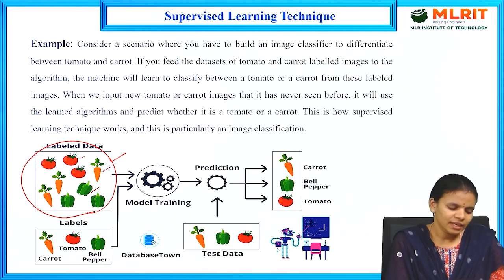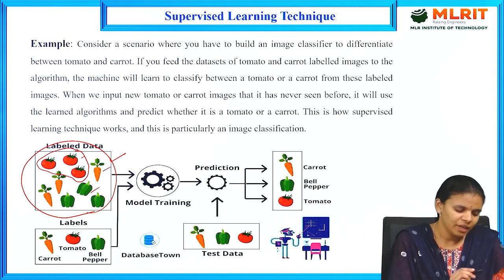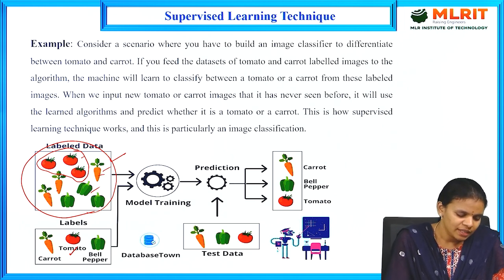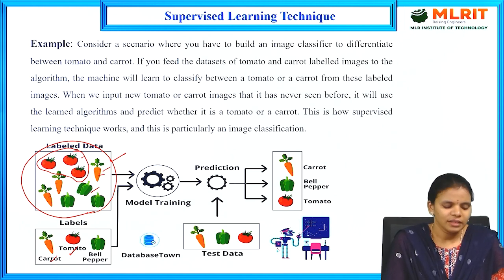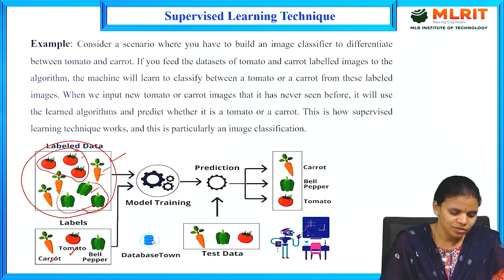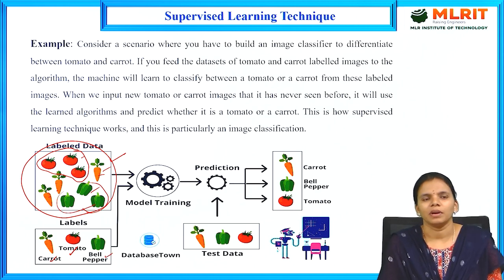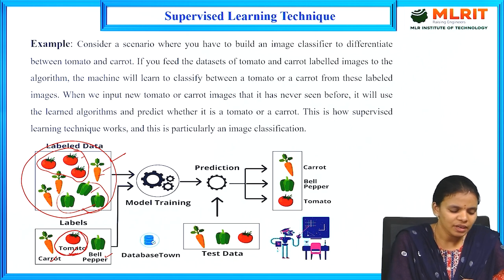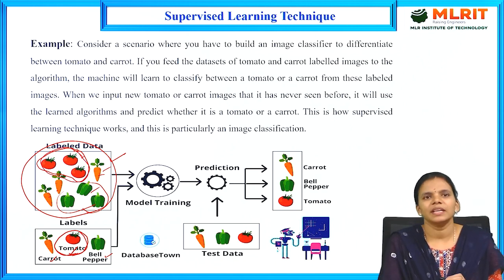The red color images are labeled as tomato, the orange color images are labeled as carrot, and the green color images are labeled as bell pepper. Here we are giving particular names to these images based on the same features and same properties.